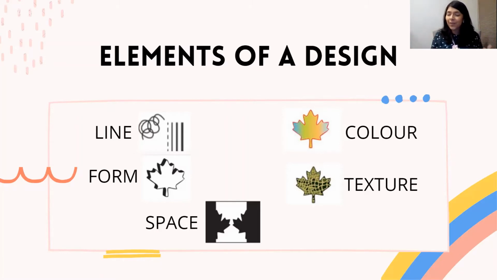Red, blue, green, yellow, pink, purple, these colors, they are nothing but the visual hue created by the projected rays of light. But in a floral design, color plays a very important role. For example, if I had to depict peace, which color would I use? Of course, white, pastels. If I had to depict something fiery, what are the colors I would use? Red, orange.